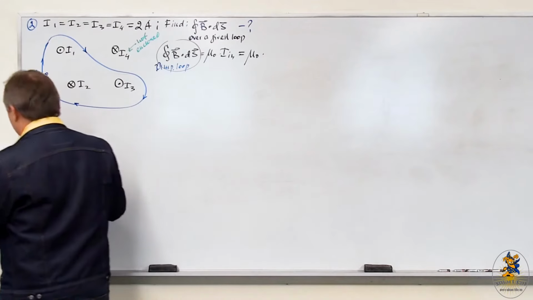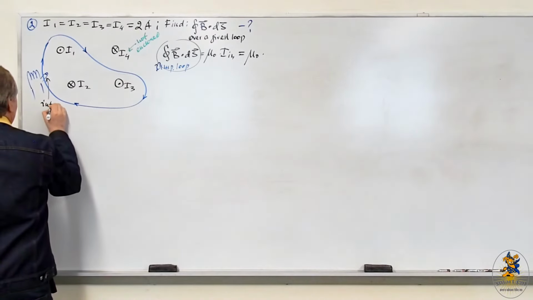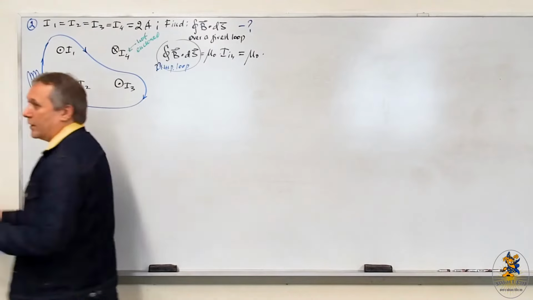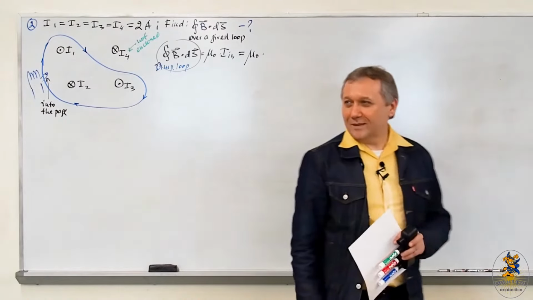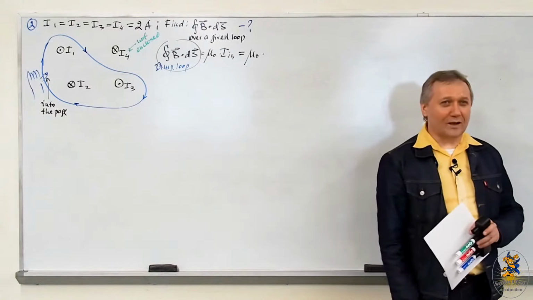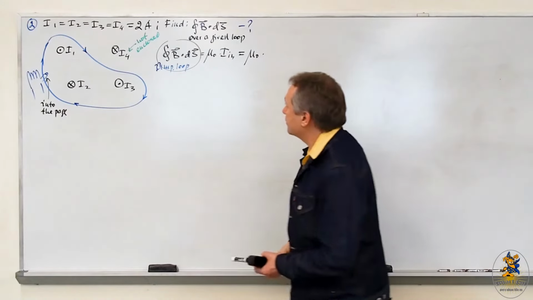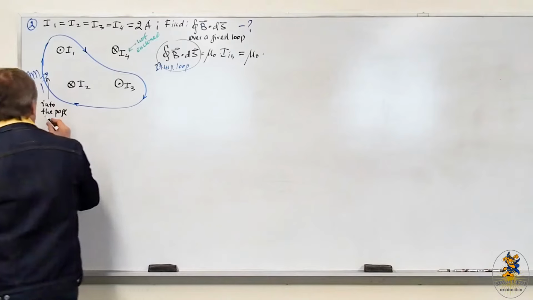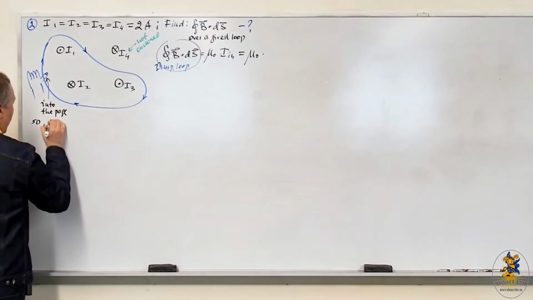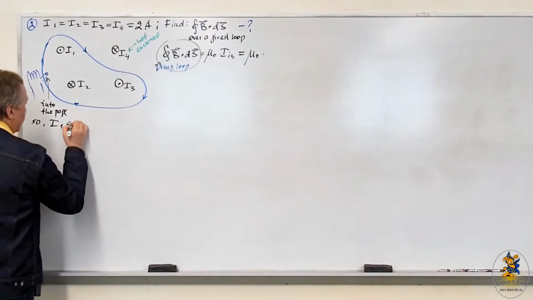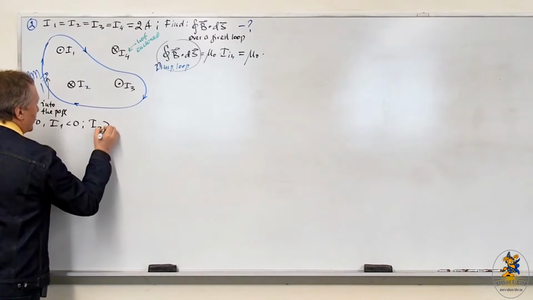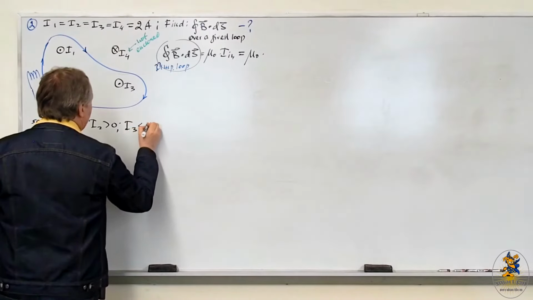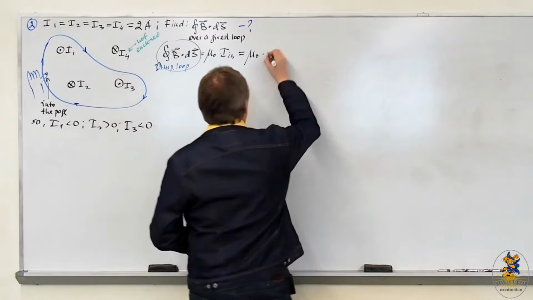So this is into the page, because I cannot draw a three-dimensional hand, no way. Even two-dimensional, it looks ugly. So, into the page, so as a result, let me write, I1 is negative, I2 is positive, and I3 is also negative.